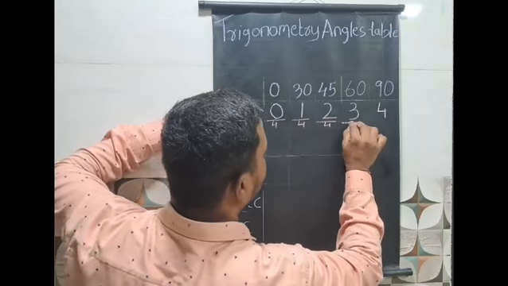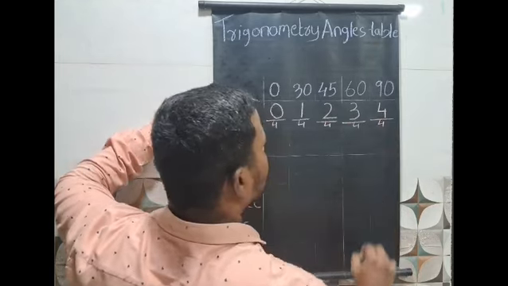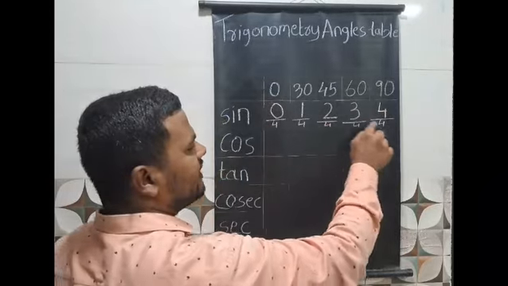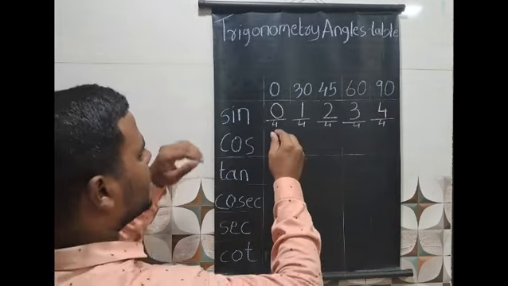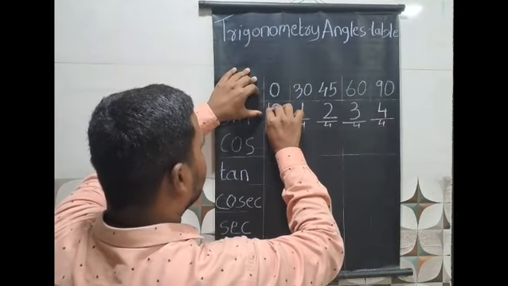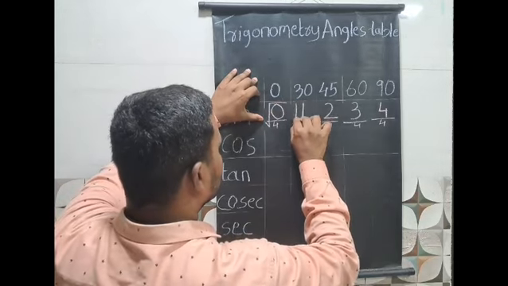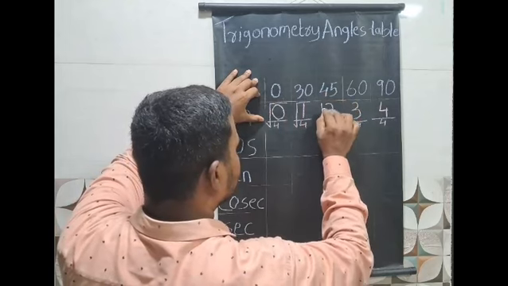It's simple: just take 0 to 4 and divide everything by 4. There is no special rule. After this, we have to take the square root of everything.